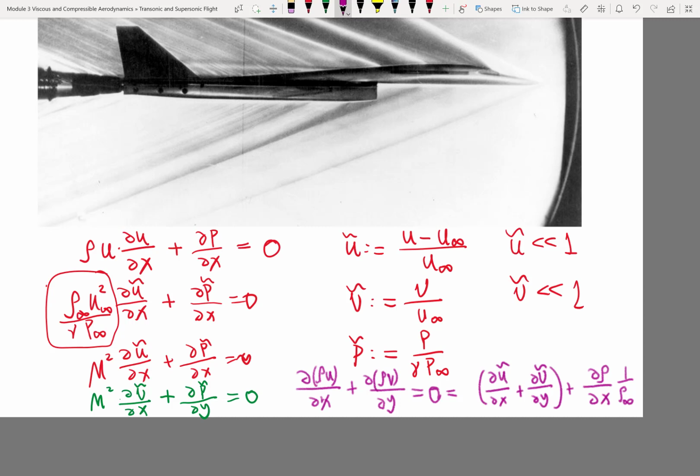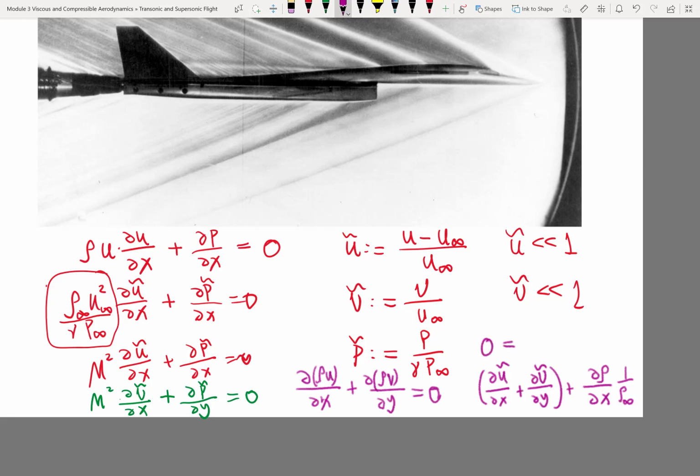And basically dp over p divided by gamma is equal to dp tilde. So the whole thing on the right hand side, d rho dx divided by rho infinity, can be written as, maybe I shouldn't say equal here, because I already did manipulations to the equation, right?